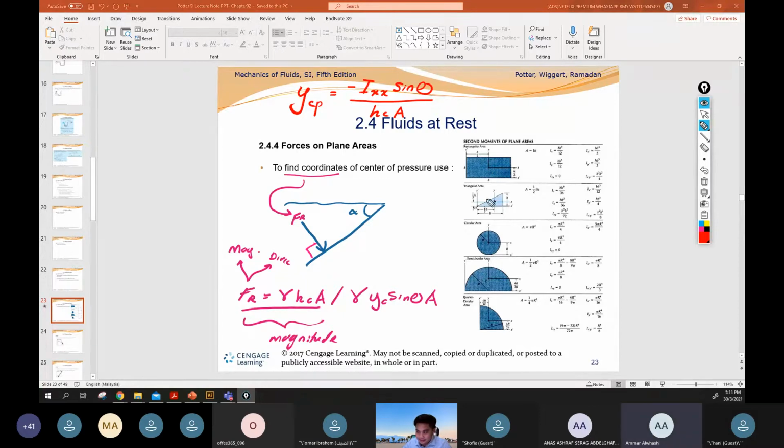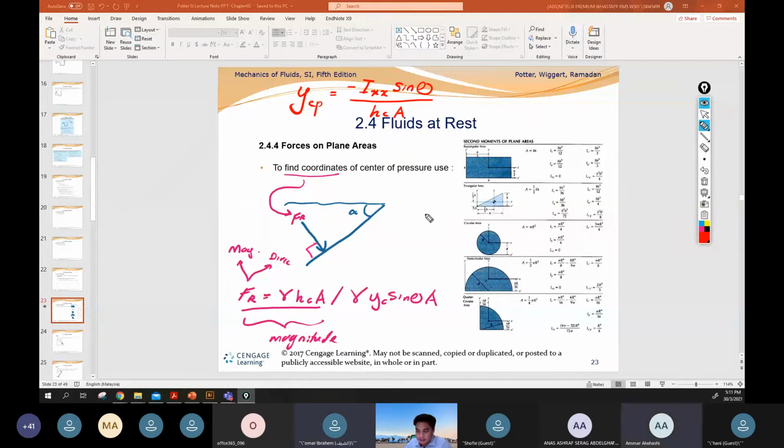This is triangle. This is circular, semi-circular. You need to know all of these. So basically, the concept is the same. Don't worry. Once you understand the rectangular shape, if you solve for this, that will be easy for you. That is why you need to understand the concept first. Okay, Amar. Okay. Thank you, Doctor.